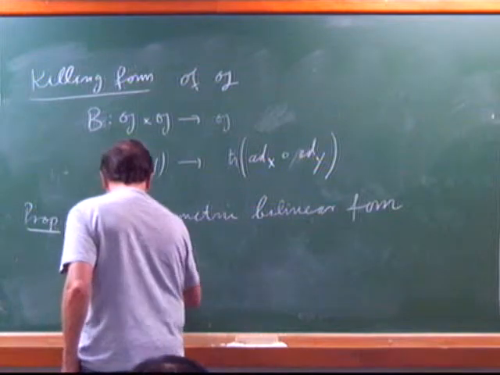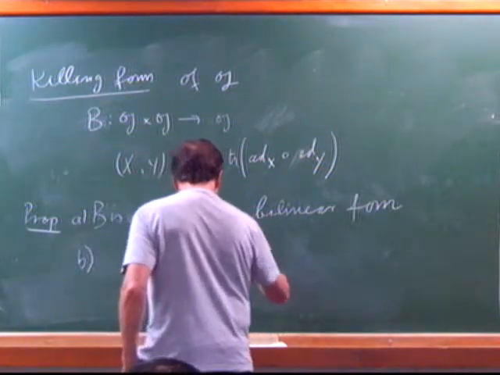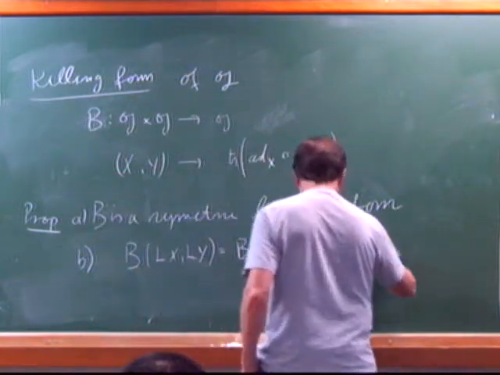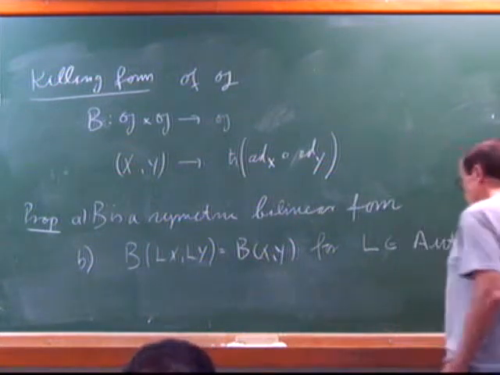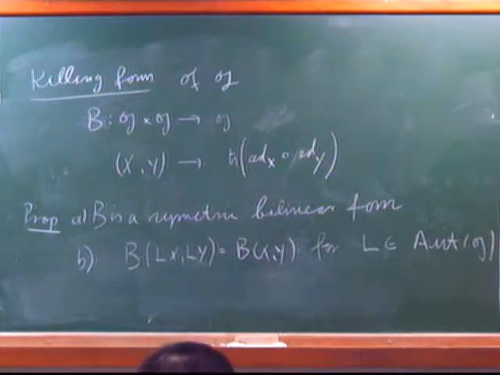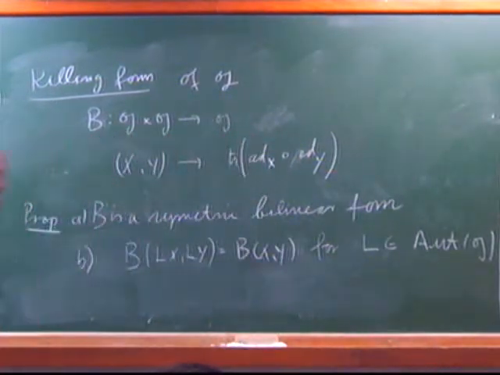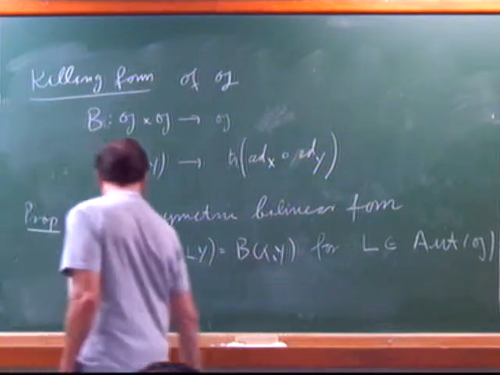B is invariant under automorphisms. So automorphisms are symmetries of the killing form. Unfortunately, that's not always a metric, so it's not quite as useful as you might think, although sometimes it is.